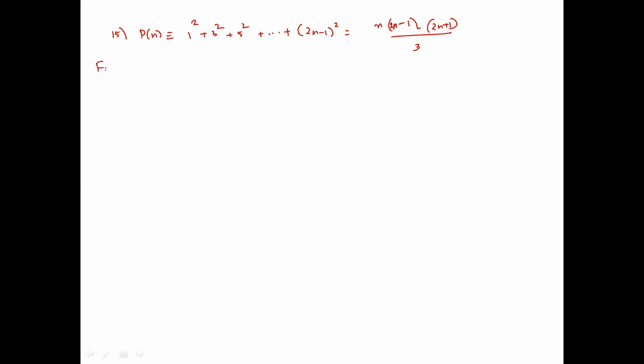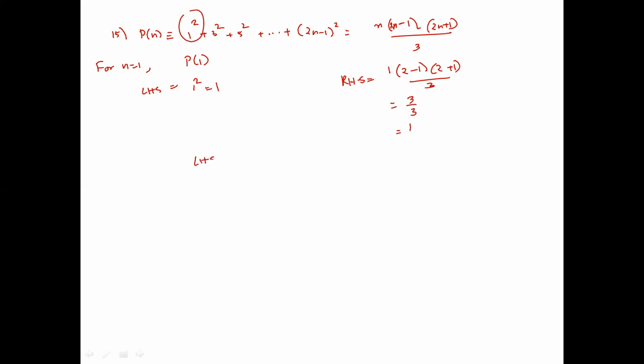So first for n equal to 1, we will take P of 1. Left hand side you will take only the first term 1 square, that is 1. Right hand side you will put n as 1, 2 minus 1 into 2 plus 1 by 3. That will be 3 by 3, that will be 1.